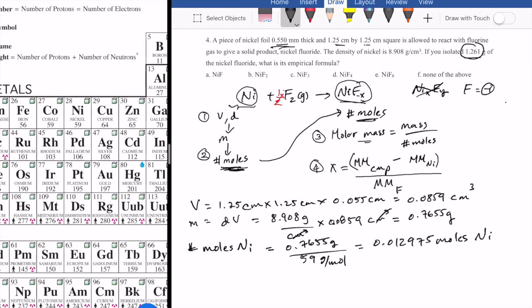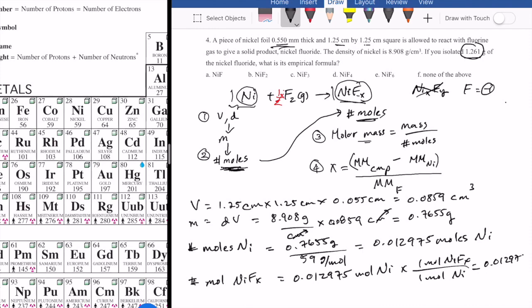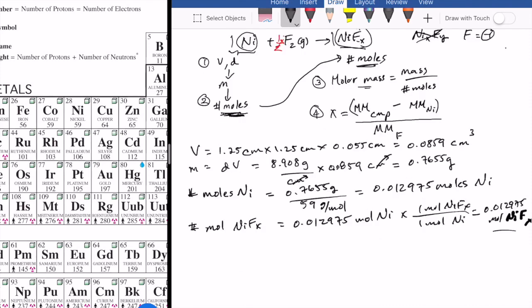Because the balanced equation has a 1-to-1 relationship between the nickel fluoride compound and the nickel, the number of moles of the nickel fluoride, NiFx, would be 0.012975 mole, and you end up getting the same exact number, 0.012975 mole nickel fluoride.